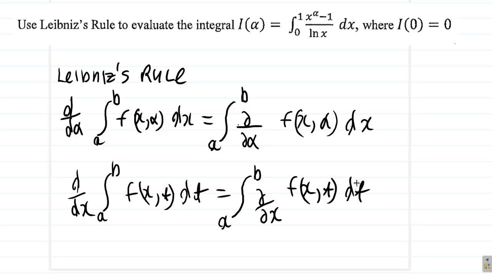Now I'm using alpha and x because that's what we get: we get ln x and we get alpha.